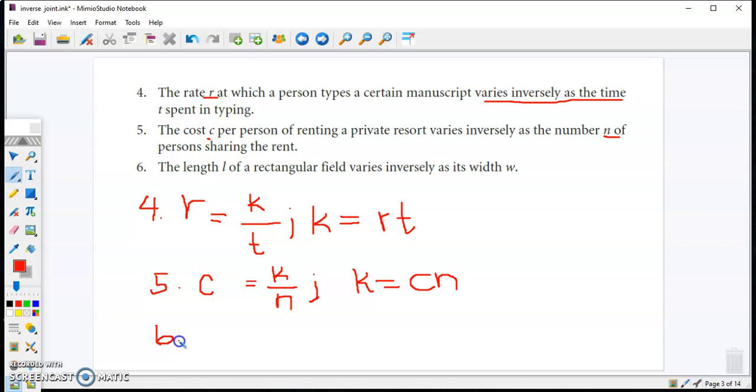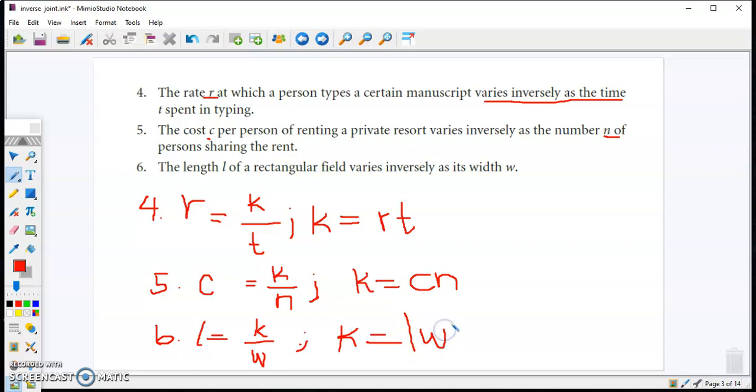Then last, the length L of a rectangular field varies inversely as its width W. So L varies inversely. So you have your K, that is constant, over W. Now, to solve for K, we multiply the two quantities. So that would become your K is equal to LW.